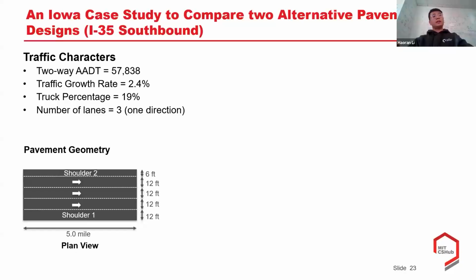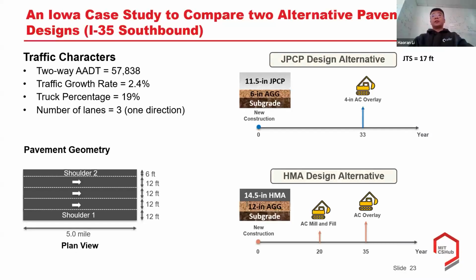It's a 3-lane pavement, and we have obtained 2 pavement designs, which are very similar to our default on the online tool. But because they are handling relatively higher traffic, the thicknesses for both concrete and asphalt are relatively thicker, about 11.5 inches for the concrete surface and 14.5 inches for the asphalt surface.